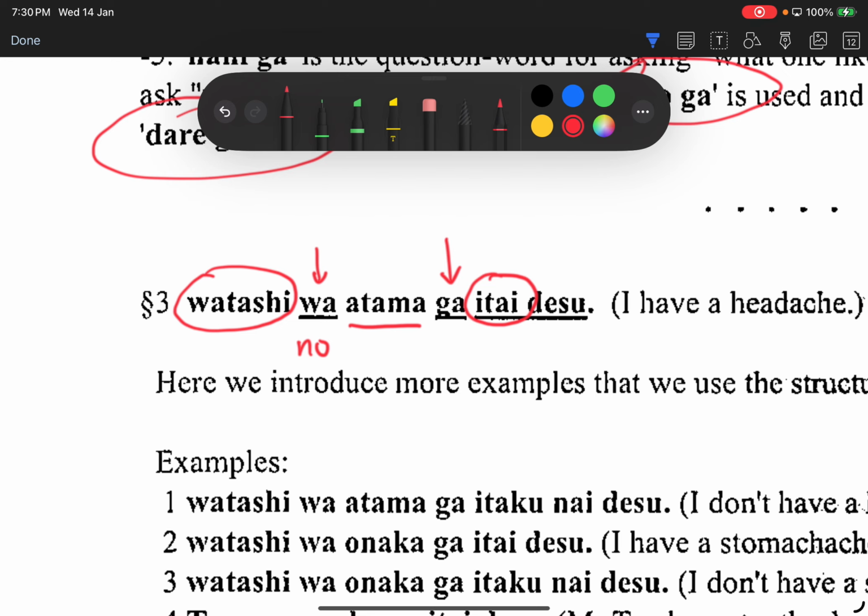Because in order to say that your head is pain, there must be a subject of reference. So in this case, the subject is actually watashi. Let's put it simply. If you use the no particle here, the subject is watashi. So it becomes watashi wa watashi no atama ga itai desu.